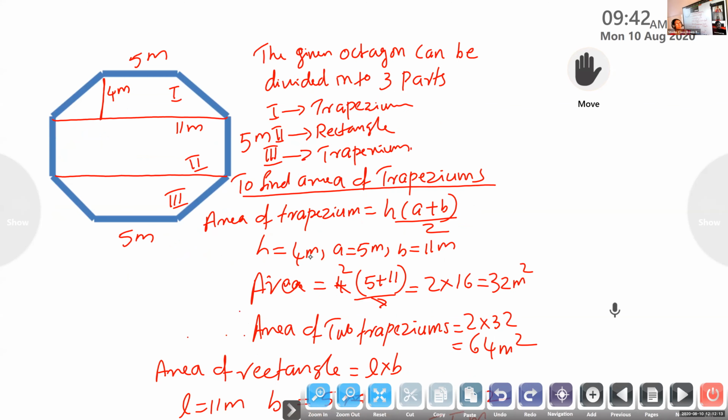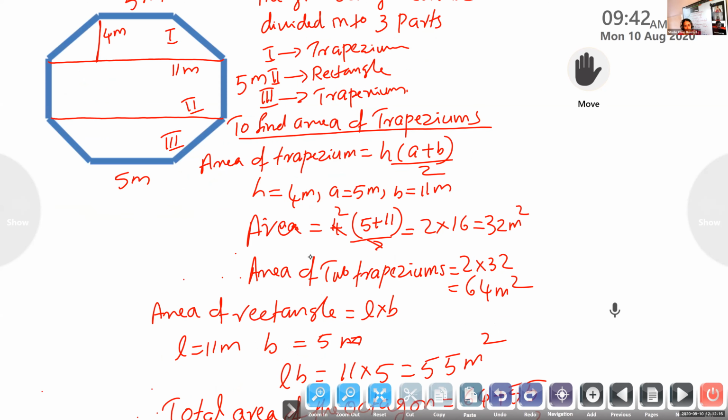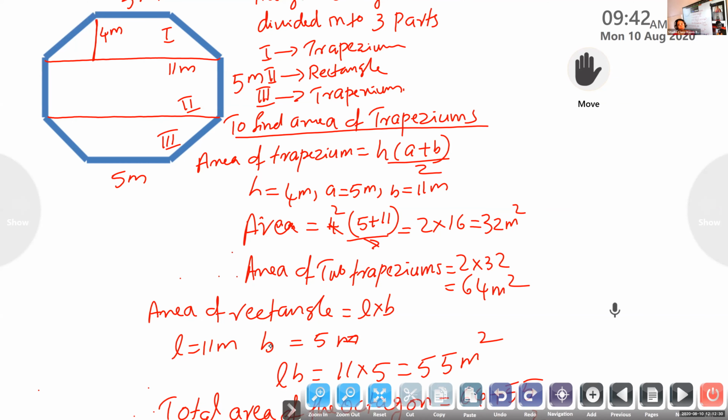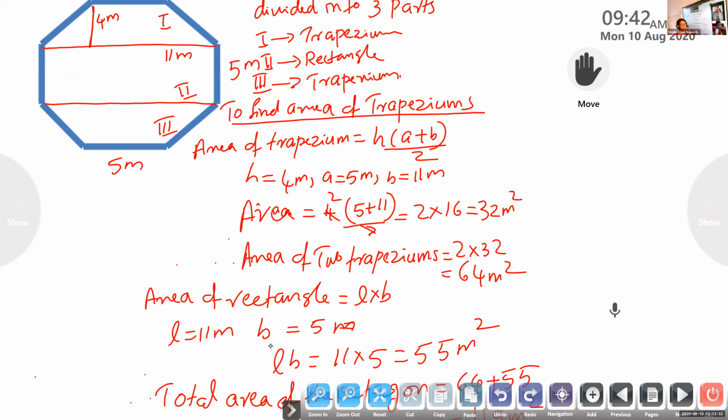We know that the formula is h into (a plus b) by 2. h is 4 meters, and the two parallel sides are 5 meter and 11 meter. So we got the area of a trapezium as 32 meter square. But we have two trapeziums, so 2 into 32, we have 64 meter square.